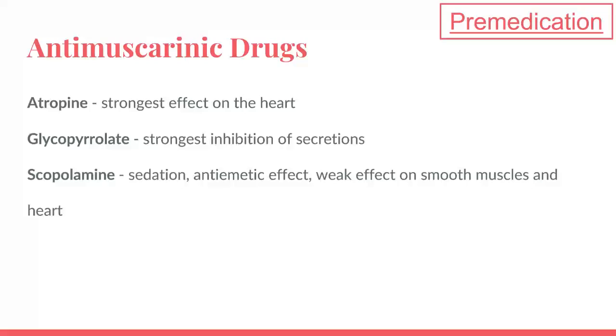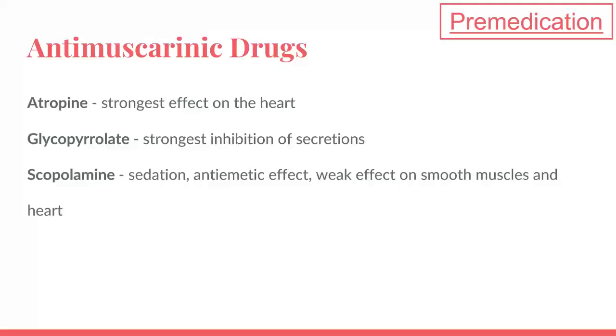As you probably remember from pharmacology and physiology, they inhibit the parasympathetic nervous system. This means they effectively promote the activity of the sympathetic nervous system. Their inhibitory effect is primarily on M1 to M3 receptors.